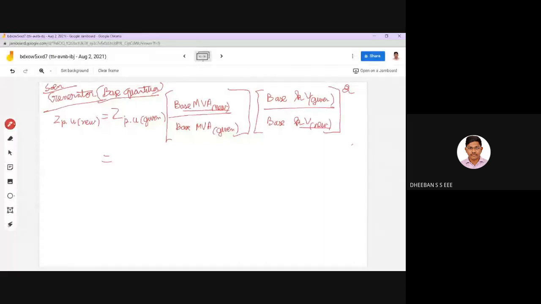So Z per unit will be 0.15 into base MVA new 100 by base MVA given, also 100, into base voltage 33 by new value, also 33. This cancels out, and finally you get Z per unit new equal to 0.15.